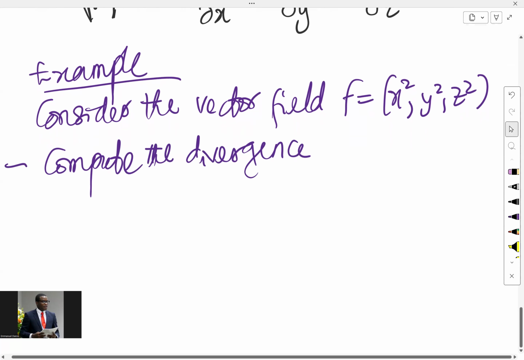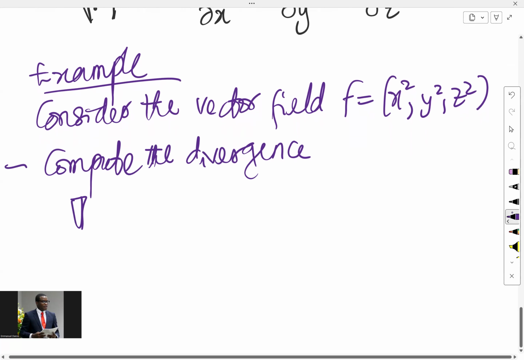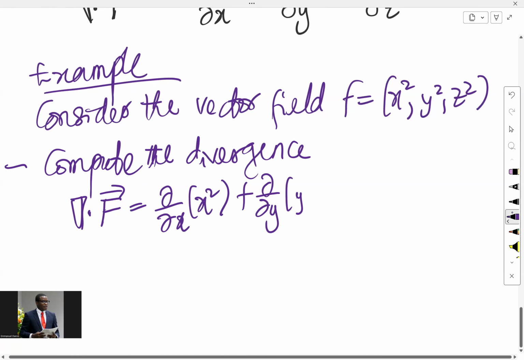So if you compute the divergence, that is nabla dot F, which is d/dx of x squared, component by component, plus d/dy of y squared plus d/dz of z squared.